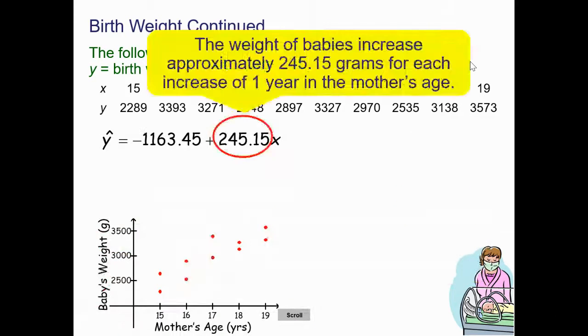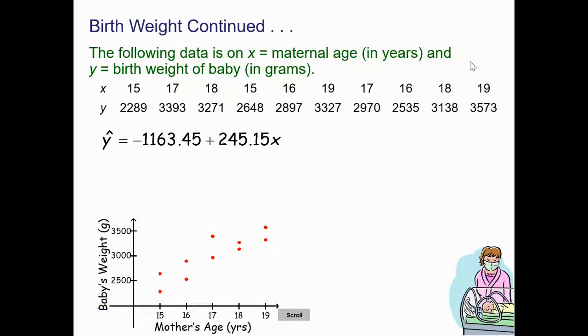Okay. So what does the slope represent in our regression line here? Think back to our exercise that we did when we talked about this. How much the weight increases when what happens?